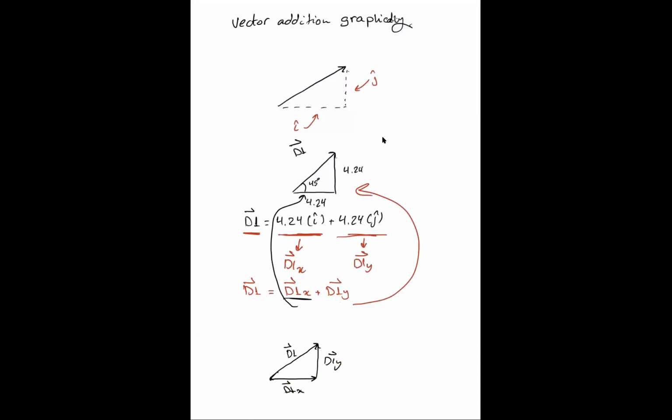So the rule for the addition is the following: we attach the tail of the second vector to the tip of the first vector.